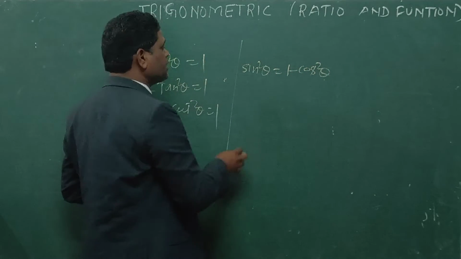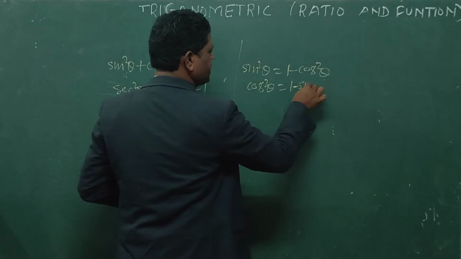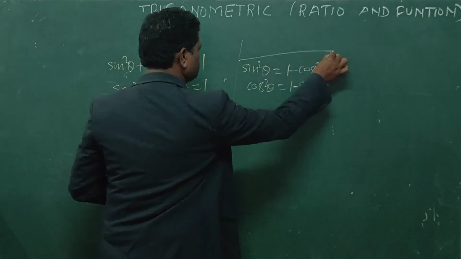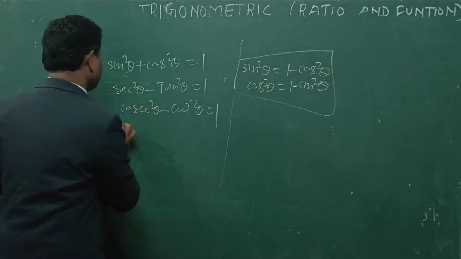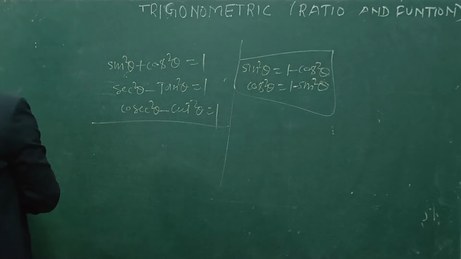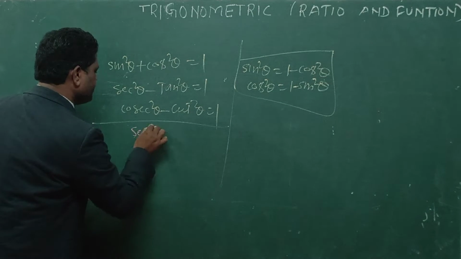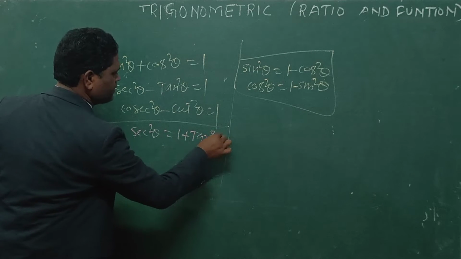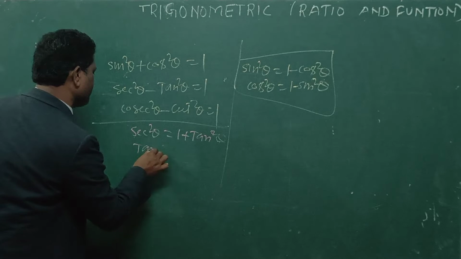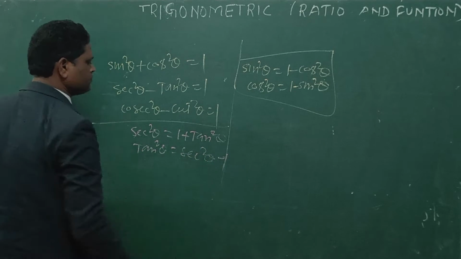To find cos square theta, cos square theta equals 1 minus sin square theta. After that, sec square theta equals 1 plus tan square theta. And tan square theta equals sec square theta minus 1.